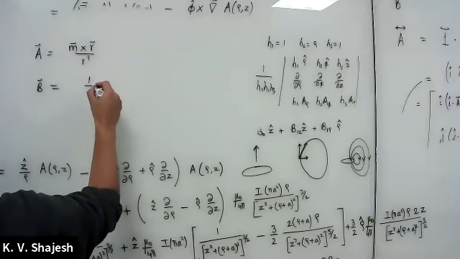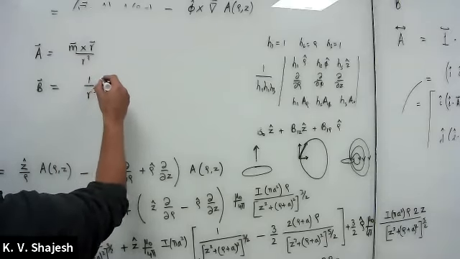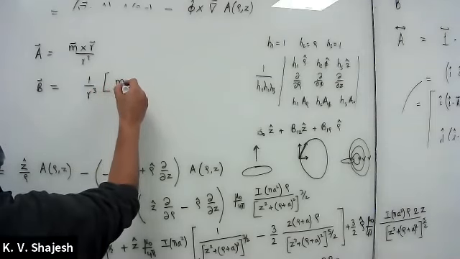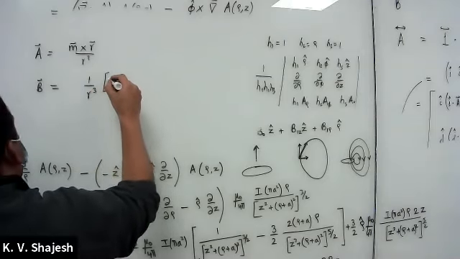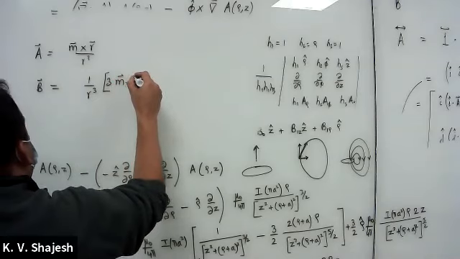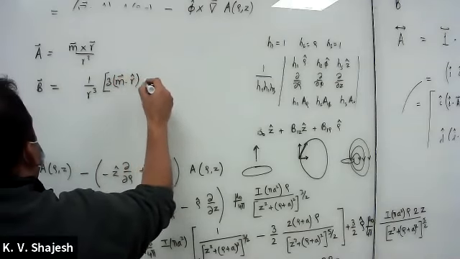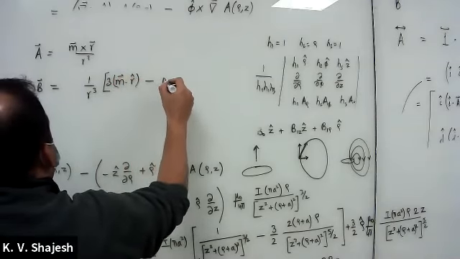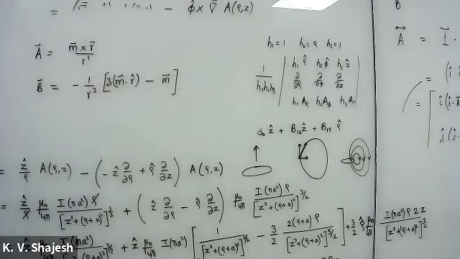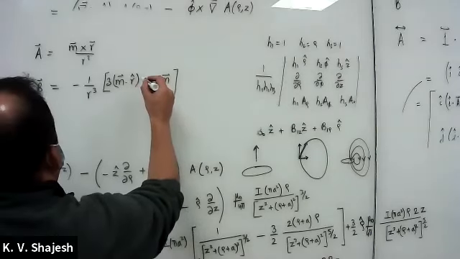And the magnetic field is 1 over r cubed times, in the direction of m, I think it is 3 times m dotted with r hat, minus m, correct? Minus or plus, probably the minus. And r hat, it should be a vector, of course. Yeah, it should be a vector.